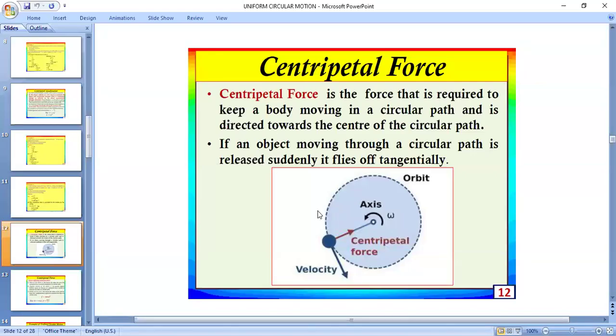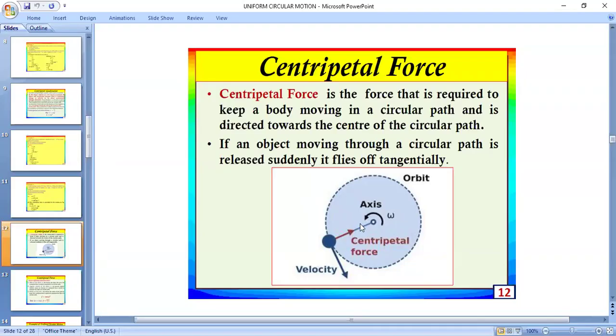This force actually is provided for. What do I mean by it's provided for? Like in this case, this is probably a stone tied on a string. So the string experiences tension force towards the center. So the force that provides for centripetal force is tension force in this particular case.